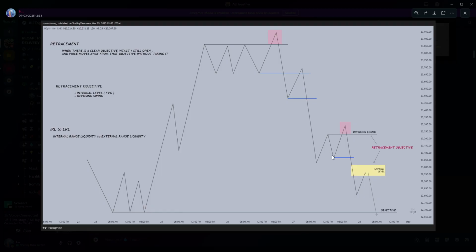Price started moving the opposite way to the objective, then used this as a retracement objective to then move towards the objective. Using this internal level as the retracement objective to frame the expansion towards the objective. IRL to ERL, when a clear ERL is open. This opposing swing was a retracement objective here. This internal level was a retracement objective here.